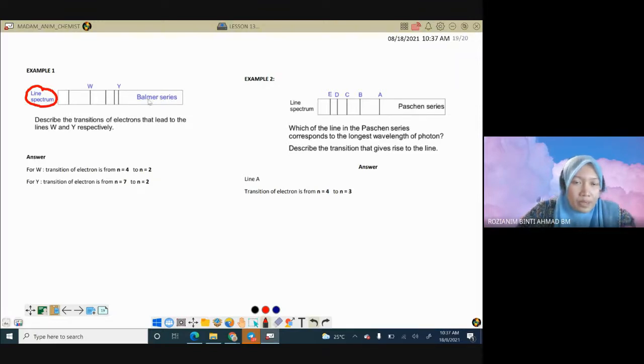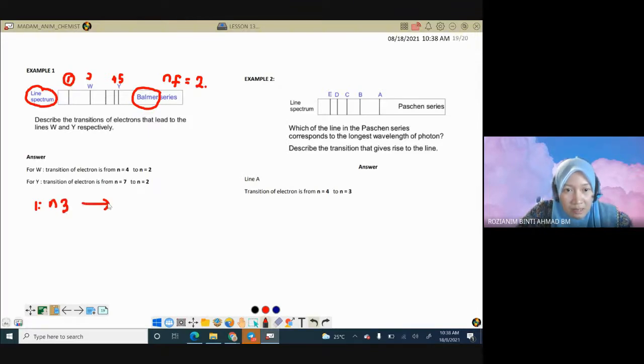Which is our first line that we want to read? We must read the line with the farthest spacing. The reason is that when we calculate the difference in energy between line number 1 and line number 2, compared to line number 4 versus line number 5, the difference is larger. Going from left to right, the energy difference approaches zero, meaning the fall is far. So the way we read it: line number 1, the electron transits from where to where? It says Balmer. What does Balmer mean? Our N final is equal to 2. So our first line, the electron transits from N3 to N2.